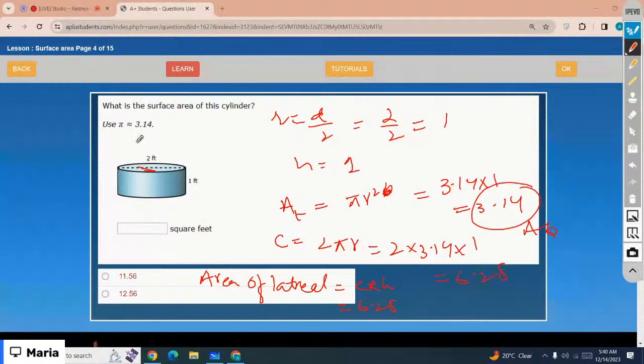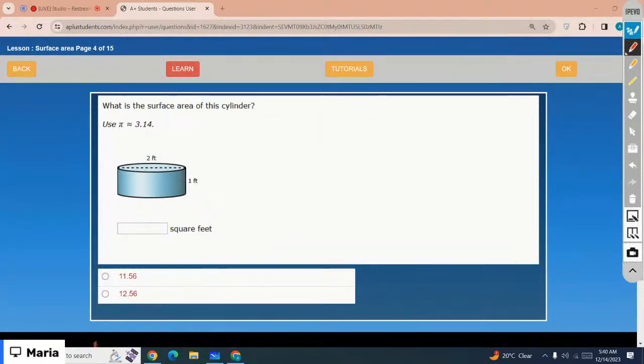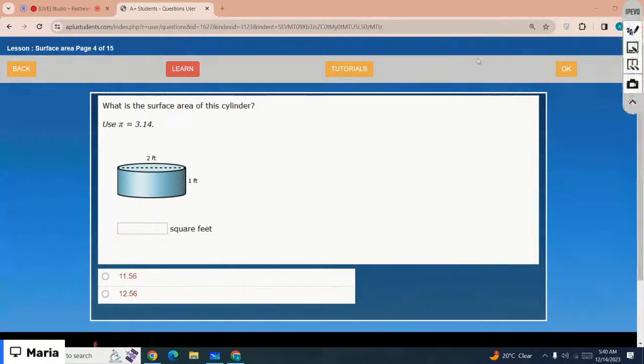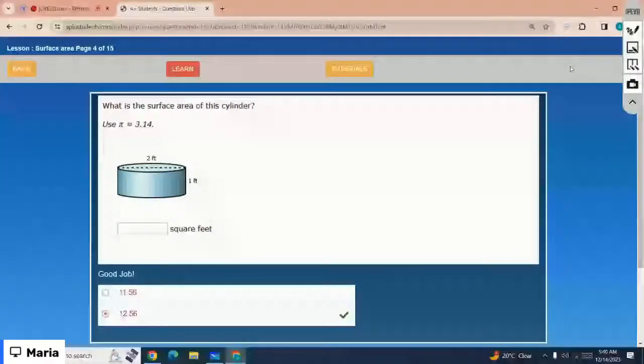The correct option is 12.56. Yes, that is 12.56. So basically, when you are working on surface area, you calculate the area of all the faces and then you have to add them.